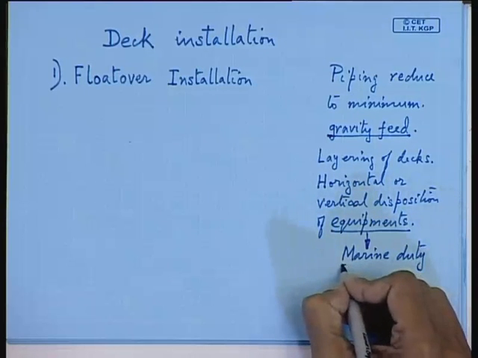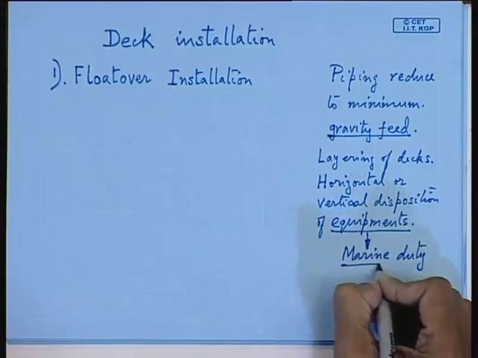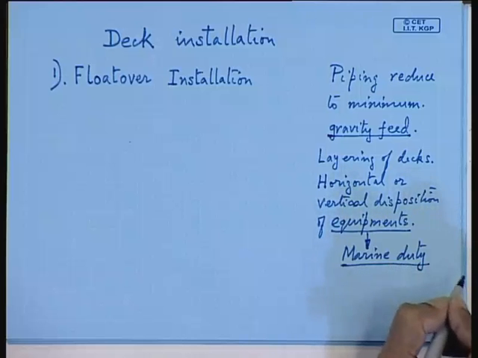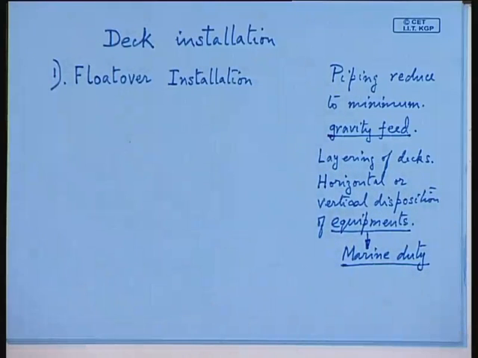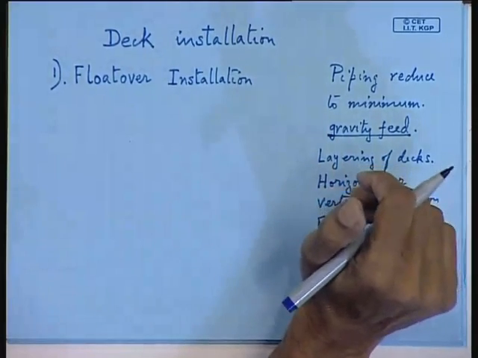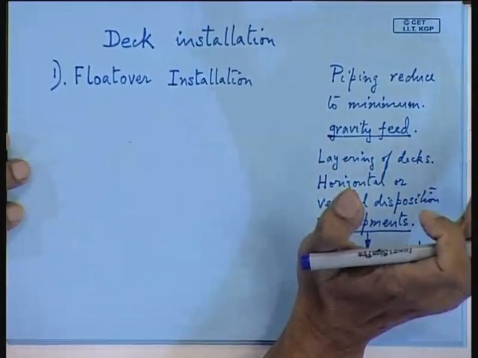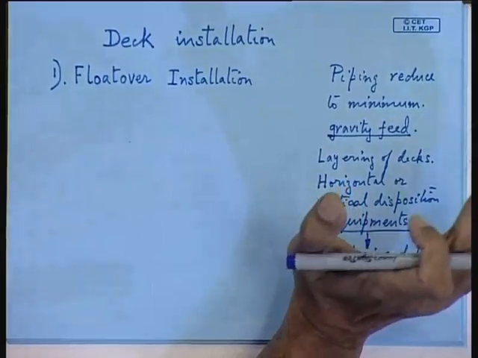So, these marine duty, say, pumps, compressors, engines, the main engine that you are buying on ships, or your compressors, etc., they are classed as marine class or marine duty.